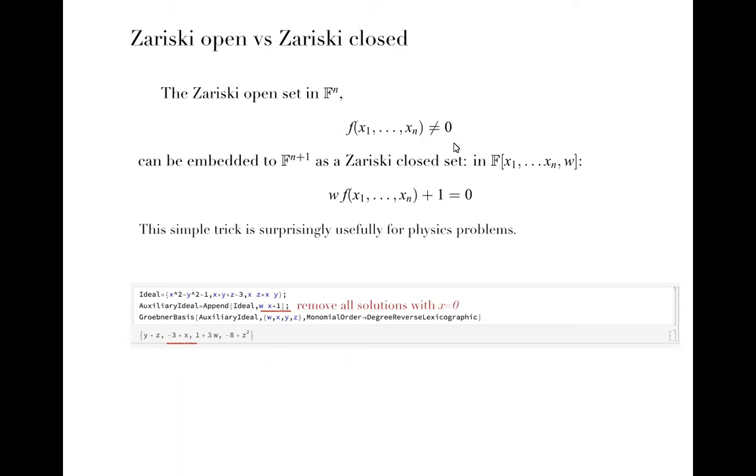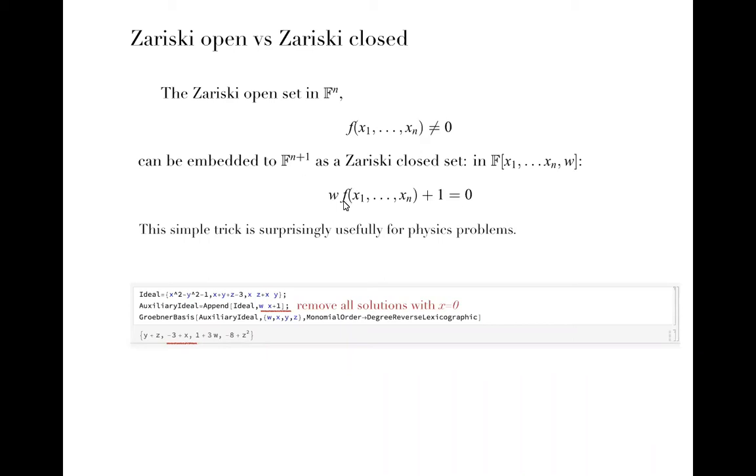If you have an inequality like this, you can also put it in the form of a closed set. The trick to handle this kind of open set is to introduce one additional variable called w. Now you have x1 to xn and w. Before the trick you have the condition f not equal to 0, but you can replace it with the equation w times f minus 1 equals 0.